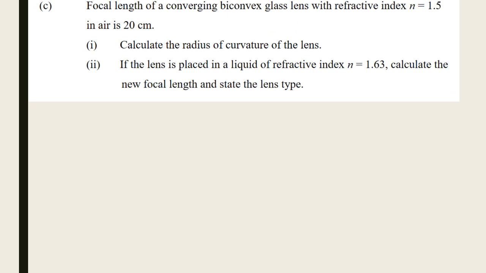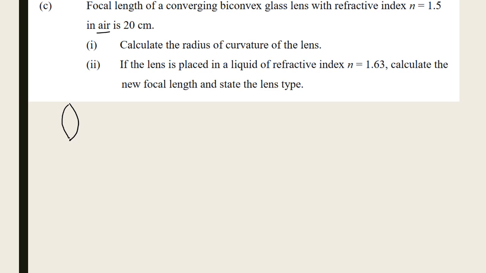C, focal length of a converging biconvex glass lens with refractive index n equals 1.5 in air is 20 cm. Calculate the radius of curvature of the lens. So now we're talking about a biconvex glass lens. So this is how it looks like. Okay, how do we determine the radius of this lens?